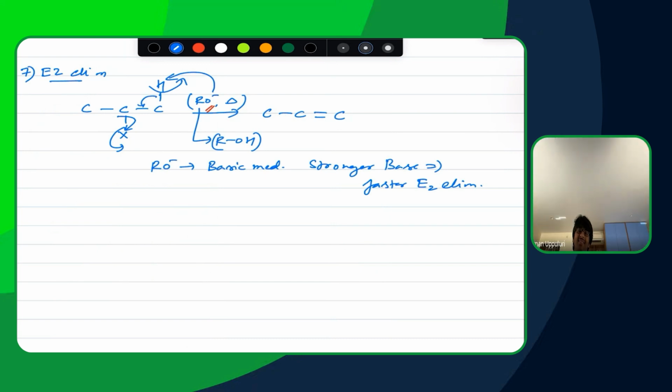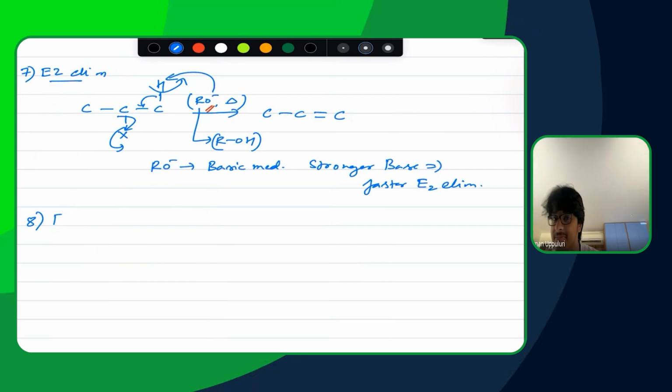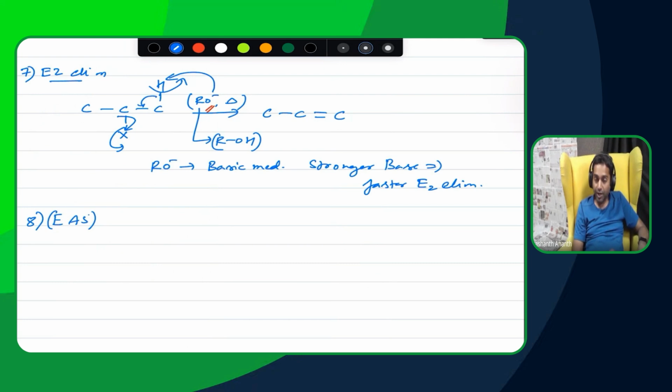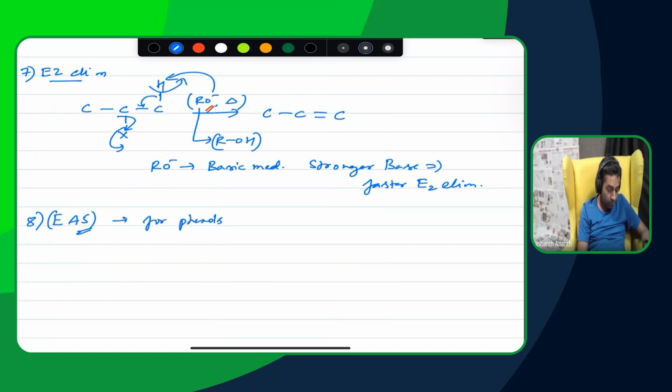If I consider, say, electrophilic aromatic substitution, you've definitely come across some reactions involving phenol, because EAS is going to be very common for phenols. So you have a bunch of reactions involving phenols applicable.